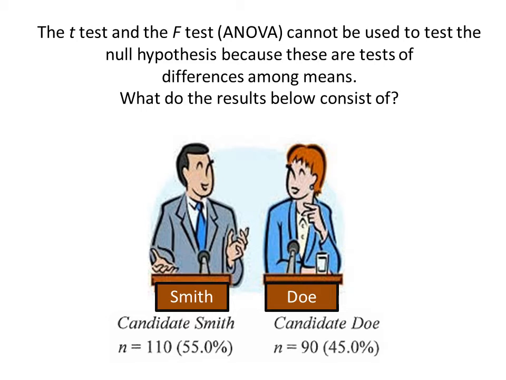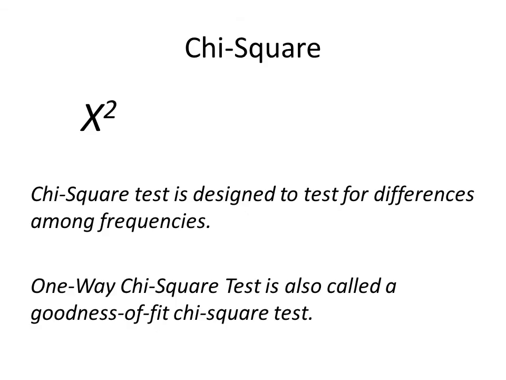So we cannot calculate a t-test or an F-test, because they have to be tested with differences among means.